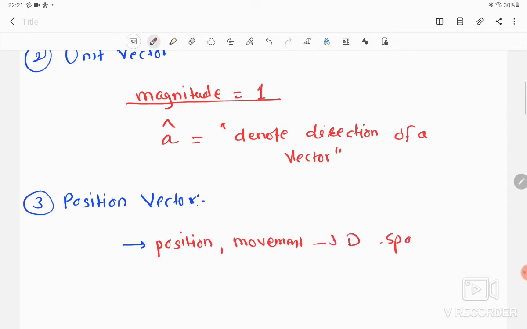It is also relative to other bodies, and it is changing continuously. It is also called the location vector.